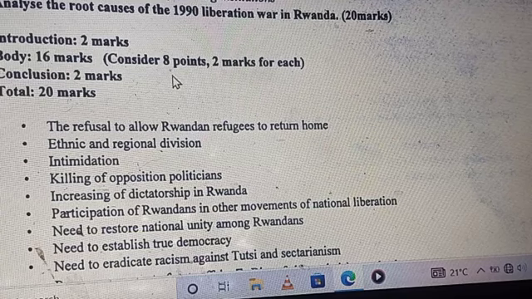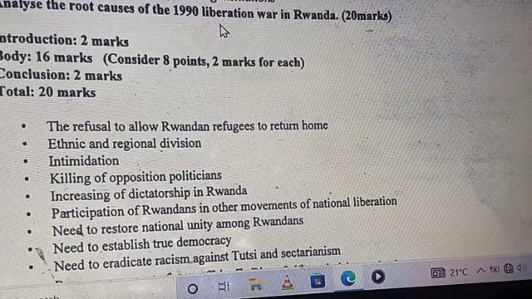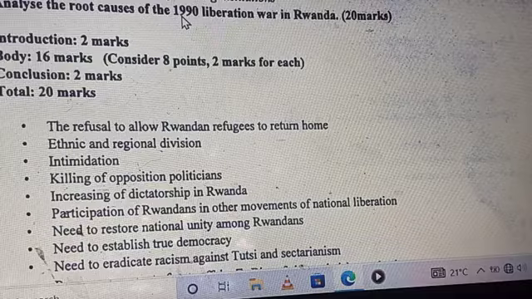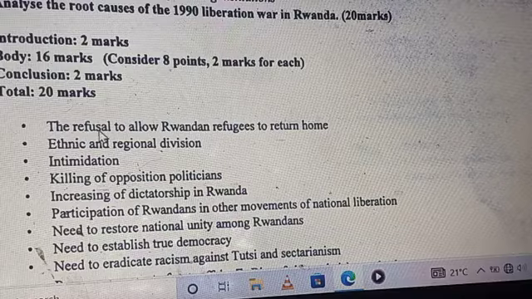You must choose the best points as the causes of the liberation war in Rwanda in 1990. For example, 8 points, and explain each point, and then you get 2 marks for each.